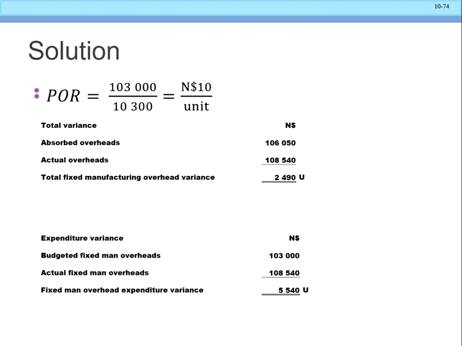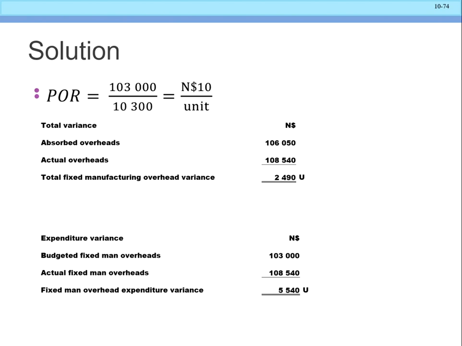We have under absorbed, that's why the variance is unfavorable. Overheads absorbed, remember, is POR times actual activity.